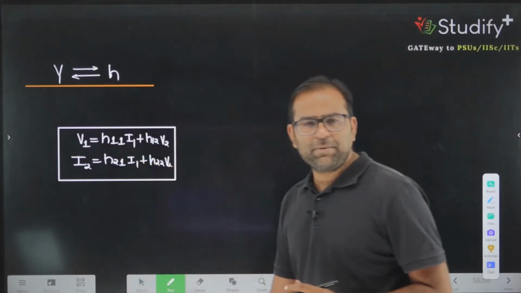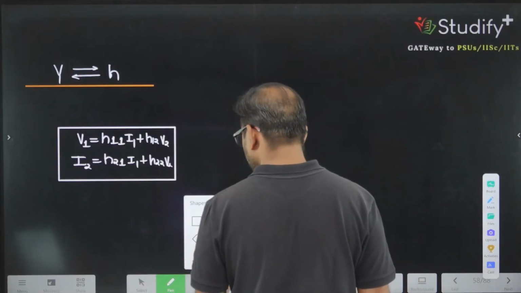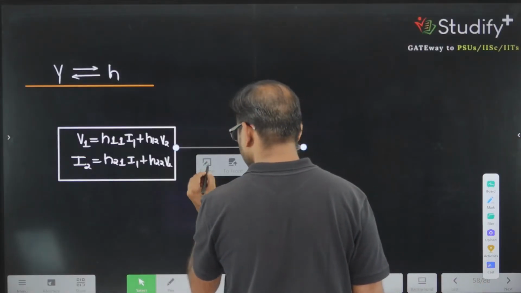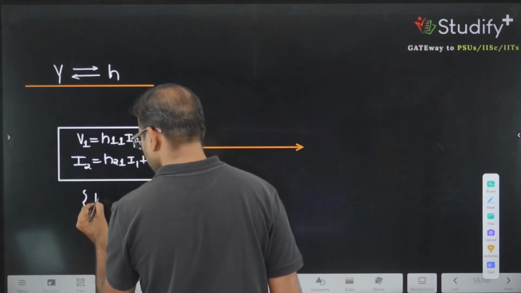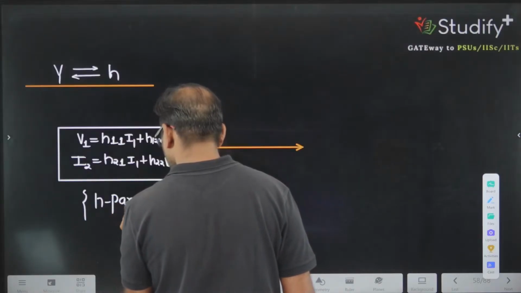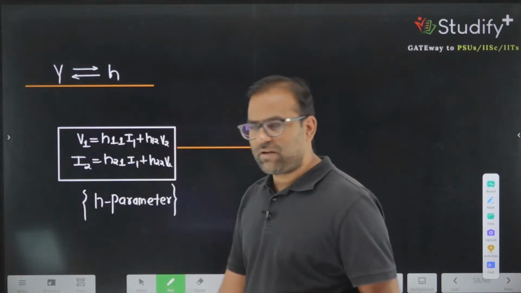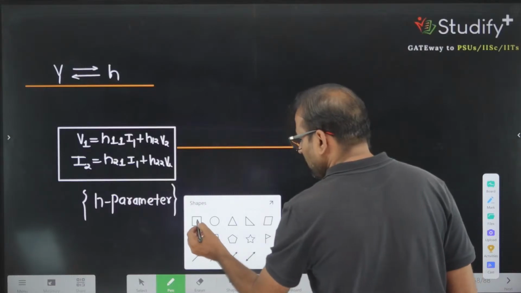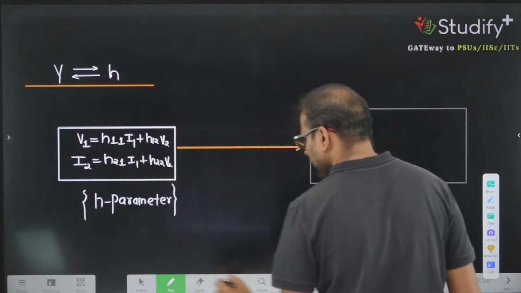This is our h parameter, and suppose we want to convert this parameter into y parameter. Suppose we want to convert this into which parameter? We want to convert into y parameter.